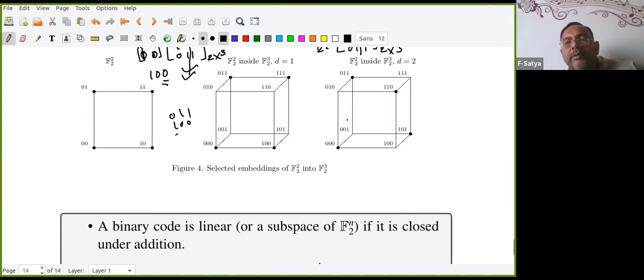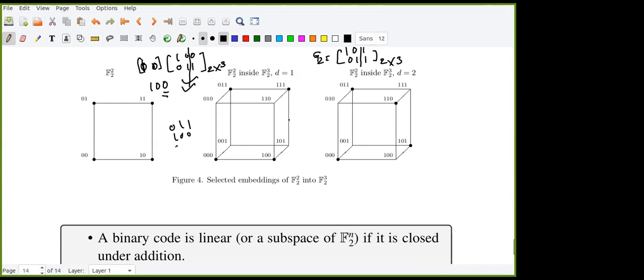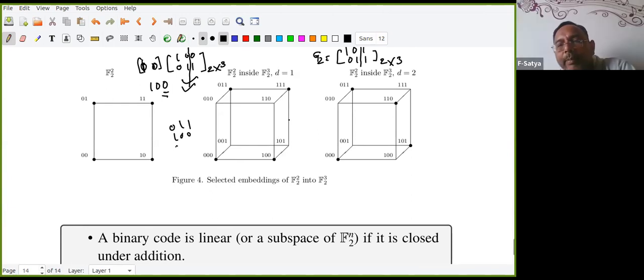Somebody tell me, what are the weights of these vectors now? Code words only. Now I'm mapping, right? 0, 0, 0, 1, 1, 0, 1, 1. I know the domain. Now I'm mapping them to the codomain, with an objective, right?